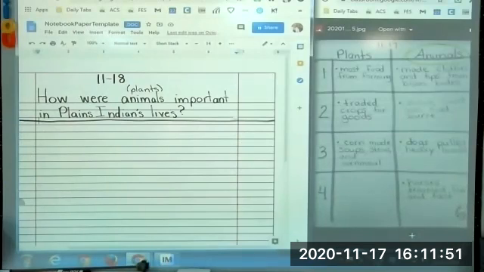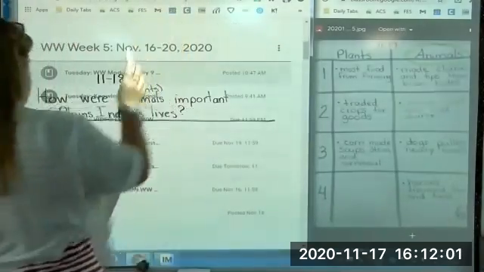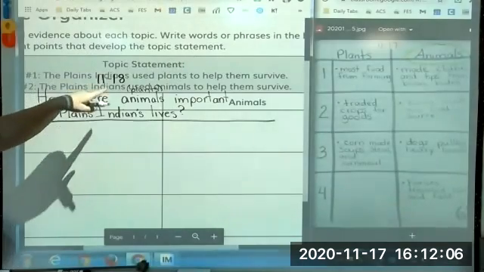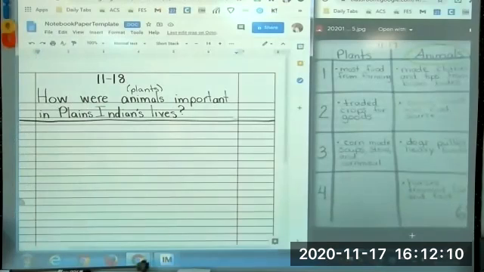And then my topic statement was, remember what the topic statement was? The topic statement was, the Plains Indians used animals to help them survive. So that is my topic statement.